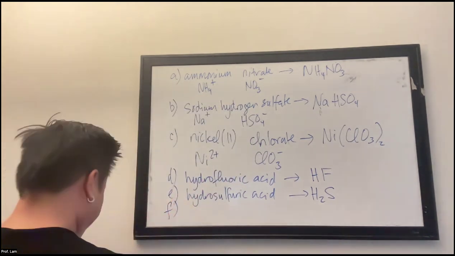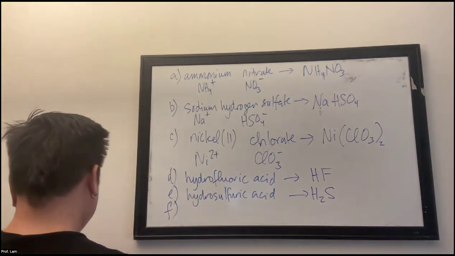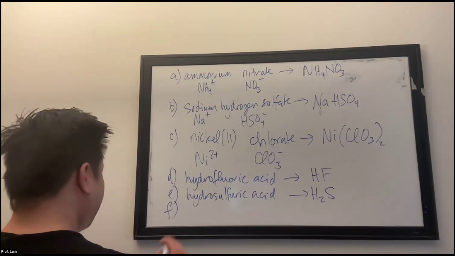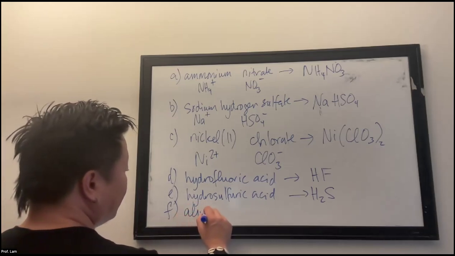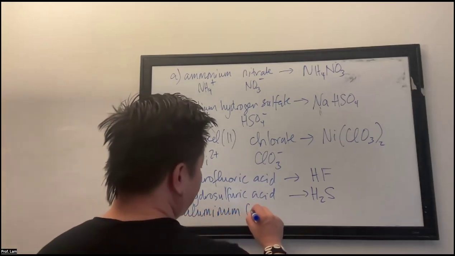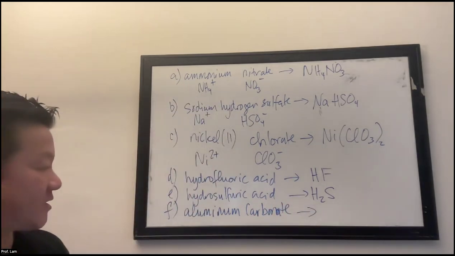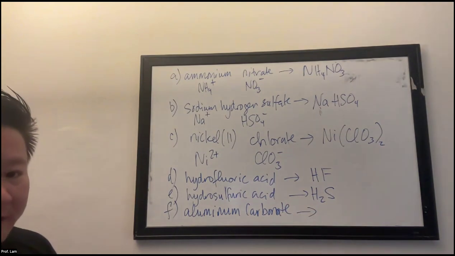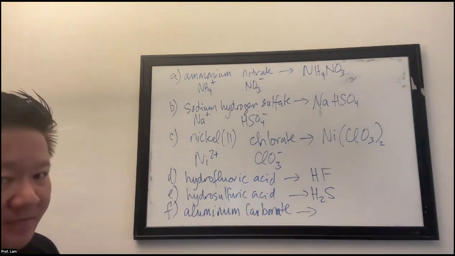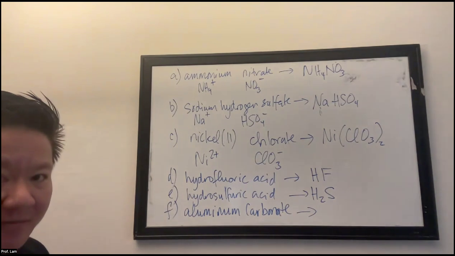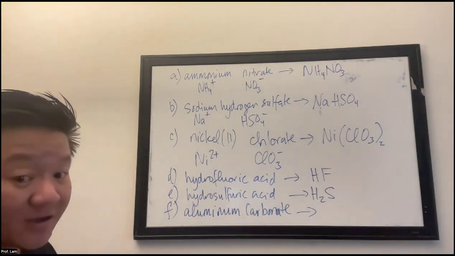All right, one more. Aluminum carbonate. Okay, so first, figure out what quadrant you're in. Aluminum, oh, that's a metal. Carbonate, that's a polyatomic, non-metal. Metal, non-metal, it's ionic.